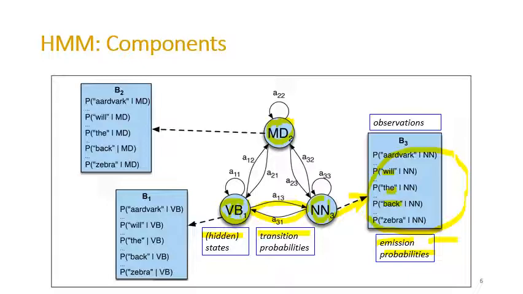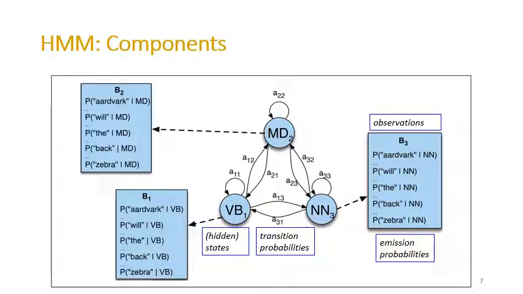And then the words that we see in the sequence of words or in the sentence are called observations, because we can observe them, we can see them directly. Okay, so these are the components of a hidden Markov model.